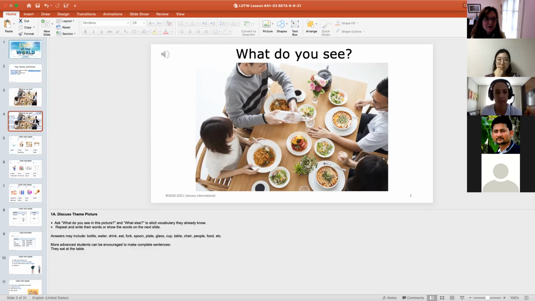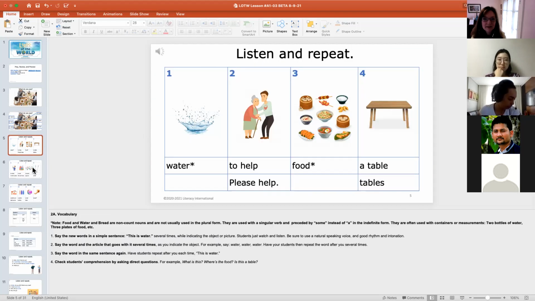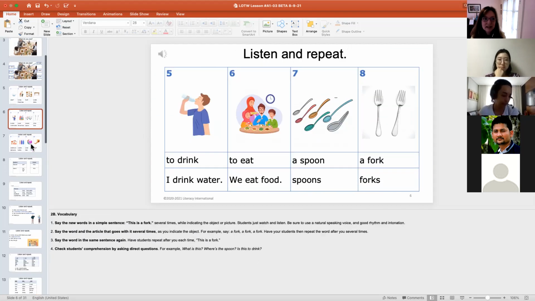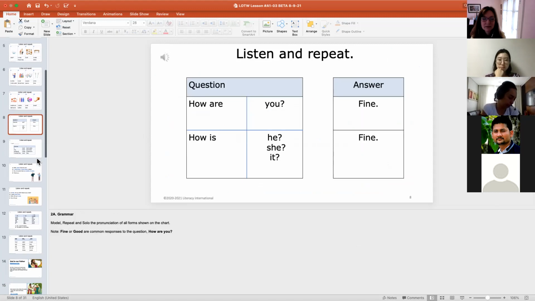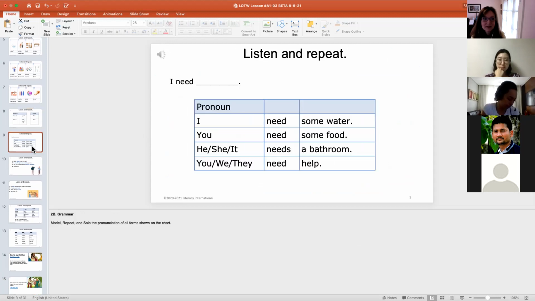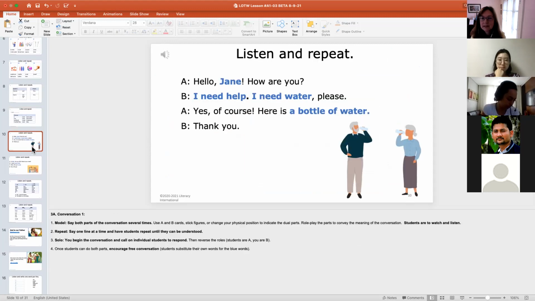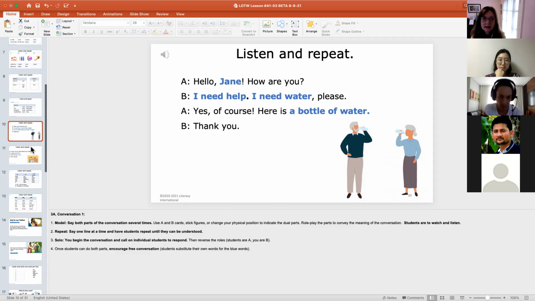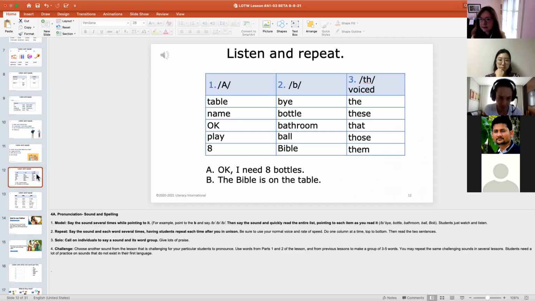Also in the conversation, you're going to hear them making pronunciation errors, and you can use the ones they've just encountered in the same lesson in the challenge box.